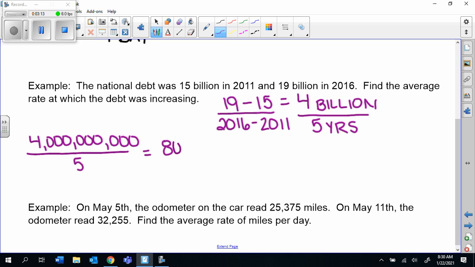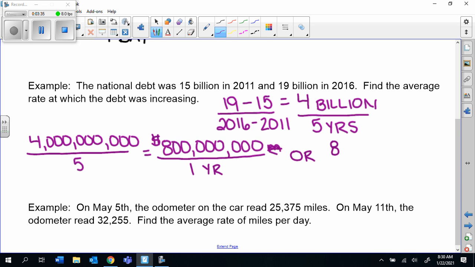So I have 800 million. I don't need to write that out per day, or per year, sorry. Or you could write it like this, 800 million per year. No reason to write all those zeros. Lots of different ways to say the same thing.